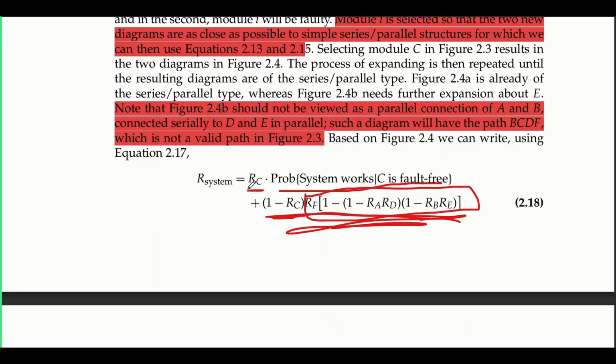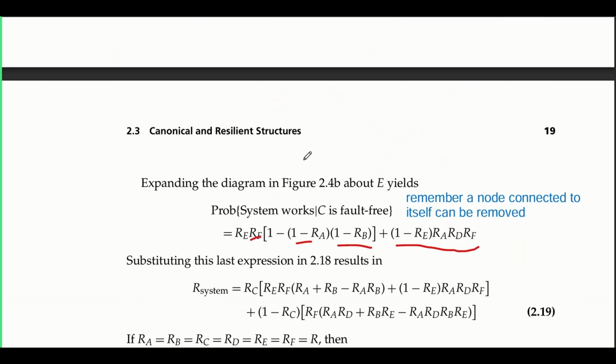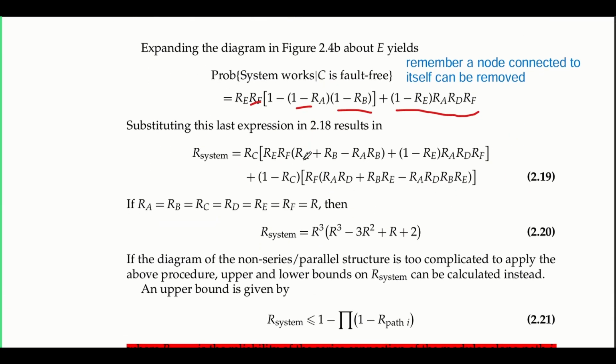The second part is reliability of C times the probability that the system works when it is fault-free. However, remember that this one was made up of two parts. We have to split the problem into two parts for E. One for E when it is working and one for E when it is faulty, right? Because we couldn't solve it for the original part. So for E working, we had this.